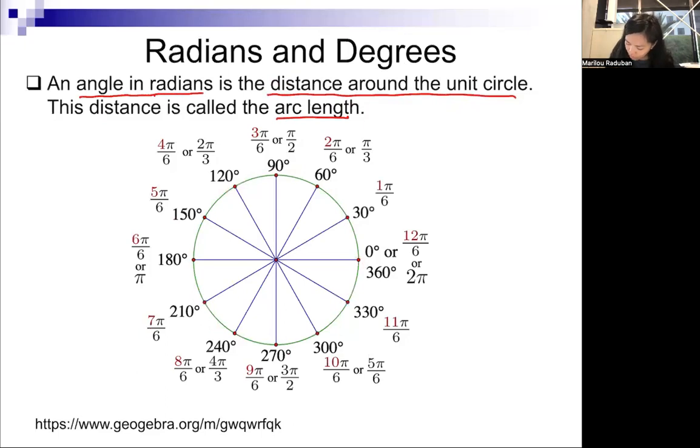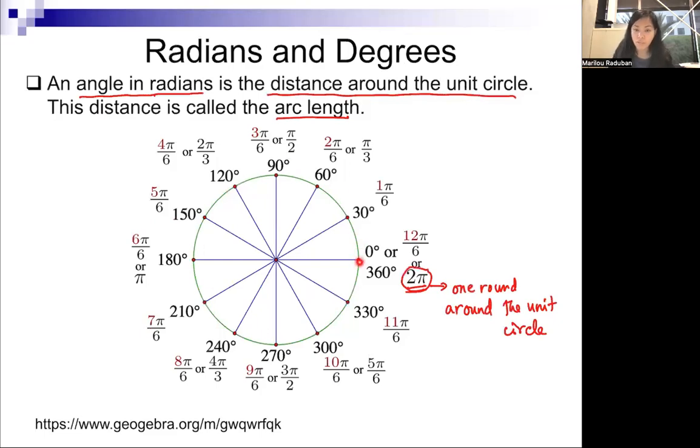So 2 pi, we've already encountered that. That refers to 1 round of the unit circle, essentially going from this point and back to that point.